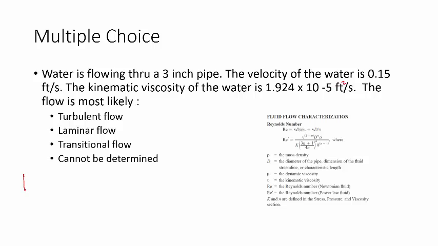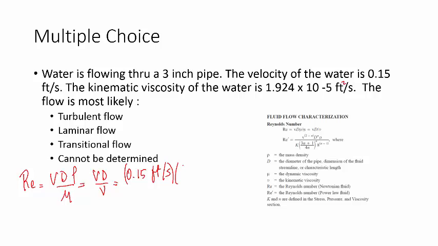So the Reynolds number equals velocity, diameter, density over viscosity, but this is the kinematic viscosity, so V d over nu. The velocity is 0.15 feet per second.